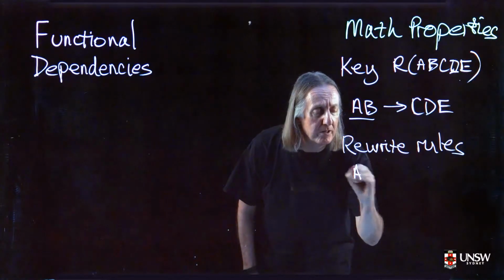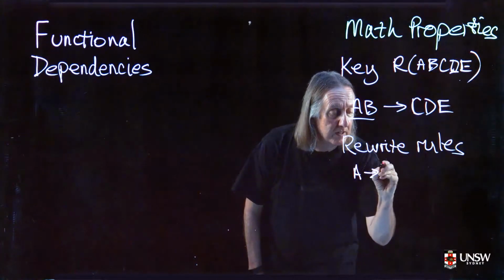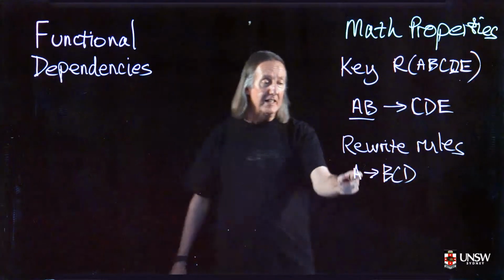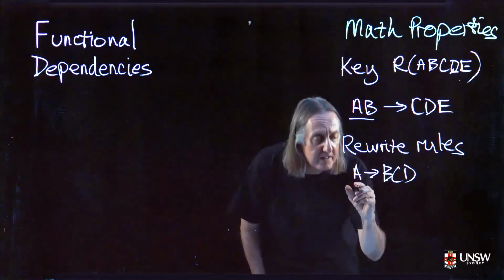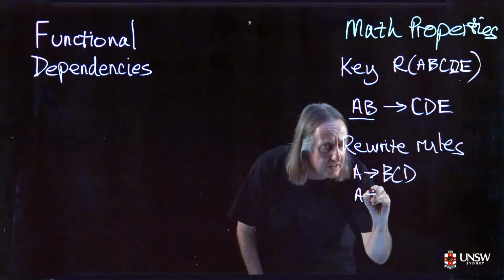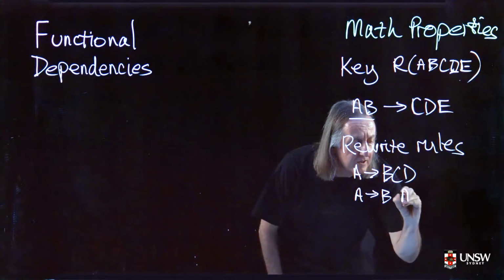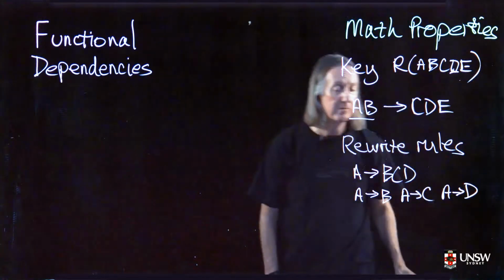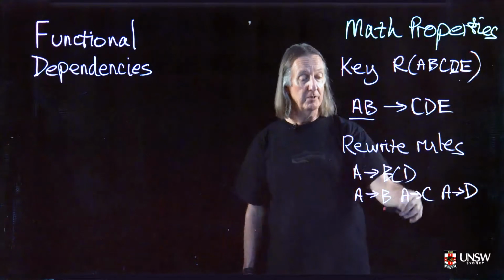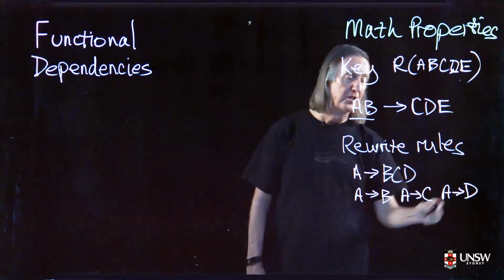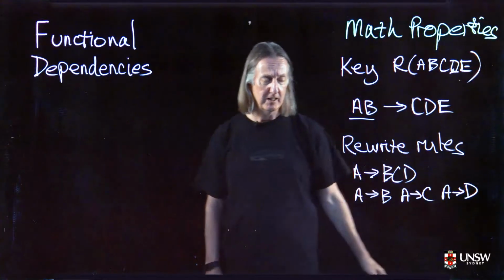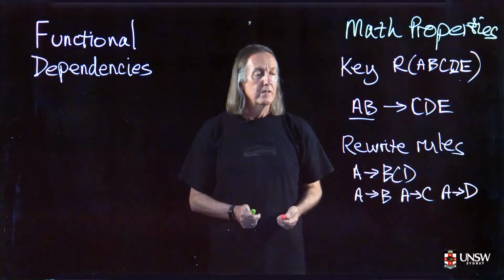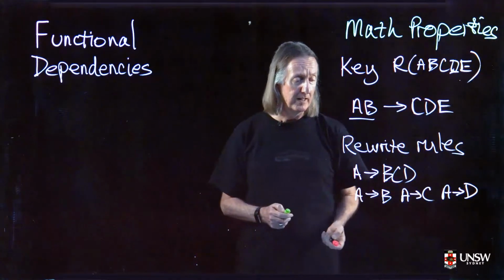And one simple rewrite rule is to allow us to say if A determines B, C and D, then that's equivalent to A determining B, A determining C and A determining D. And since it's equivalent, we could go back the other way. If we happen to know these three functional dependencies, then we could write them like that. So this set of rewrite rules is quite important.